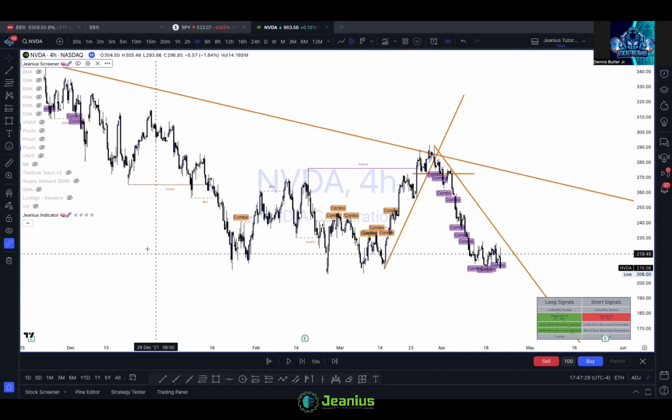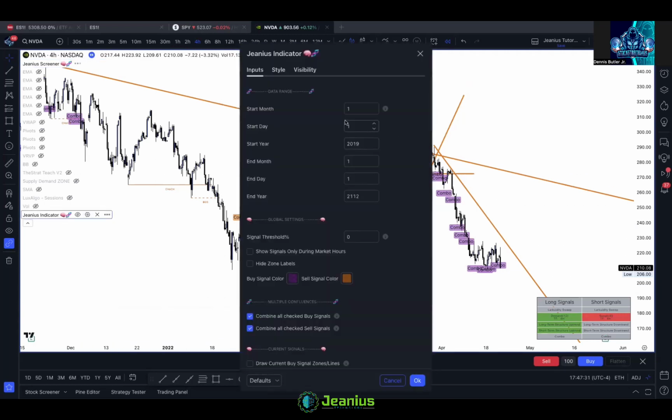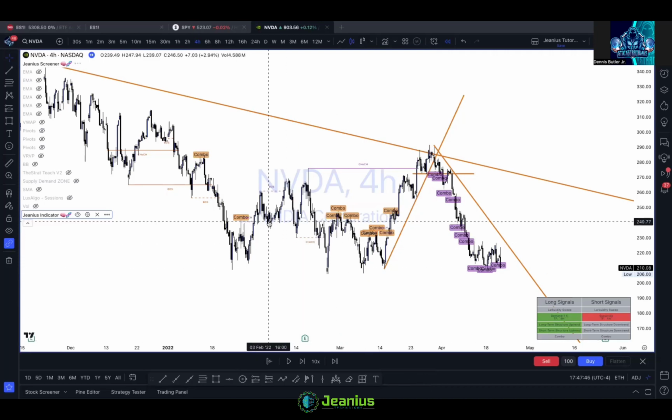Okay. Indicator as well, so that we can see those signals pop up. And we'll be done after this example. January the 20th, 2022. Okay.